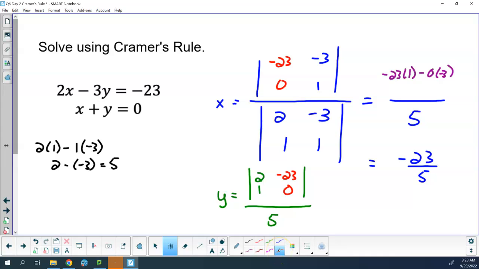So that's going to be 0. 2 times 0 minus 1 times negative 23 all over 5. And that's going to be positive 23. So we got 46 fifths minus 69 fifths. No, yeah, negative 46 fifths minus. Yeah. And it works out.